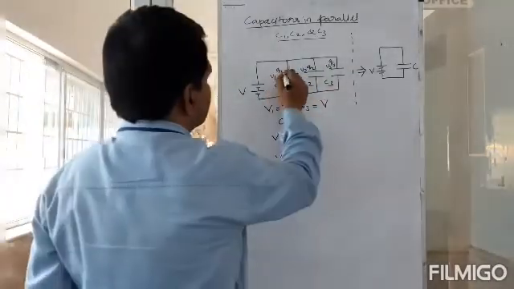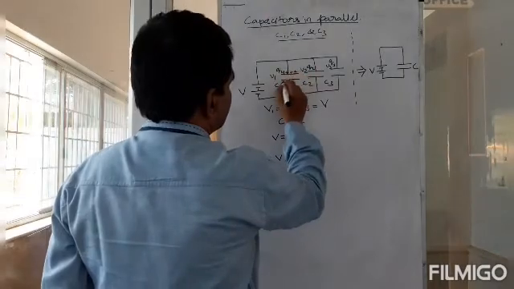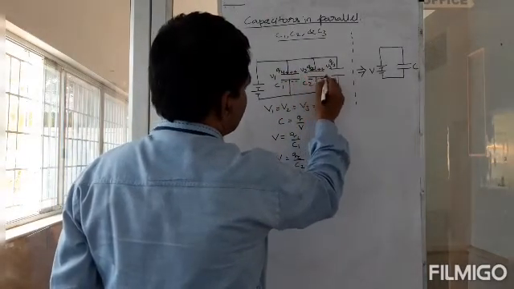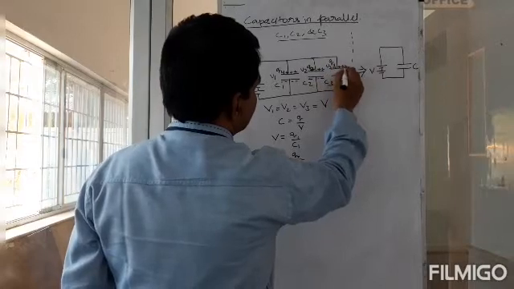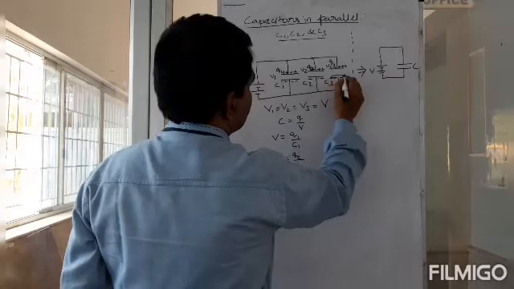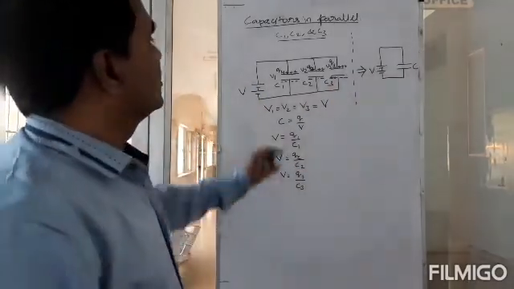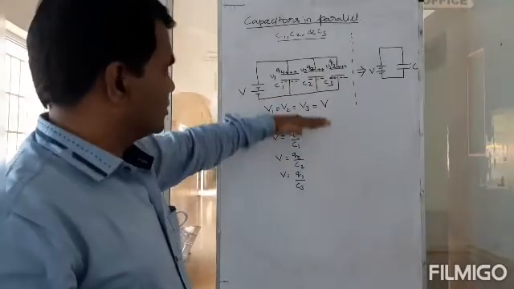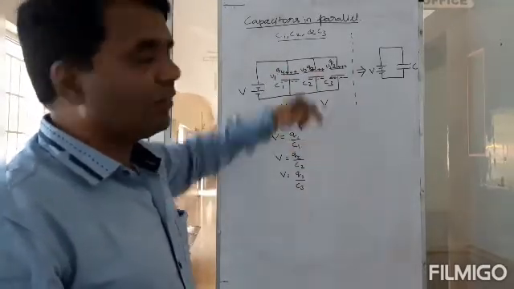So this will be plus again, minus here, and this could be plus again, minus, and this could be plus again, and this would be minus. Okay with that? So Q1, Q2, Q3, C1, C2, C3, this is what you get.